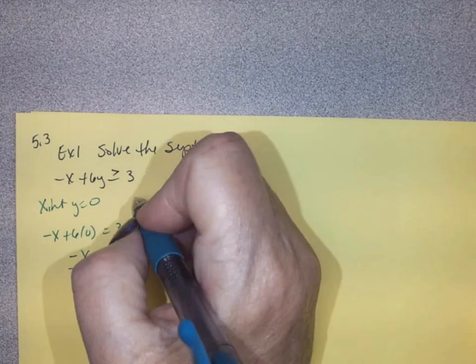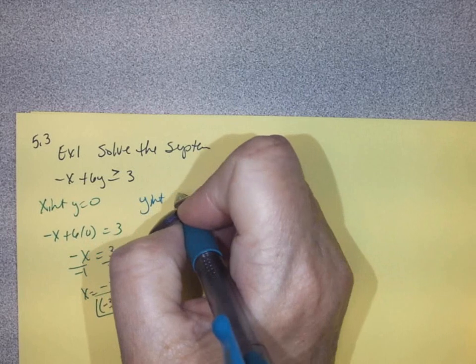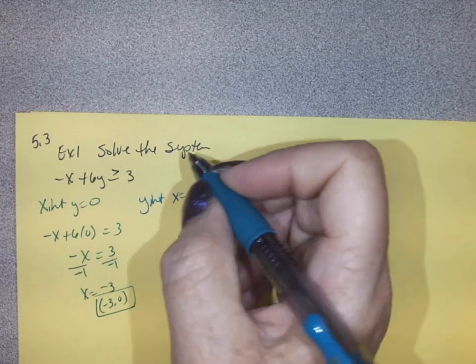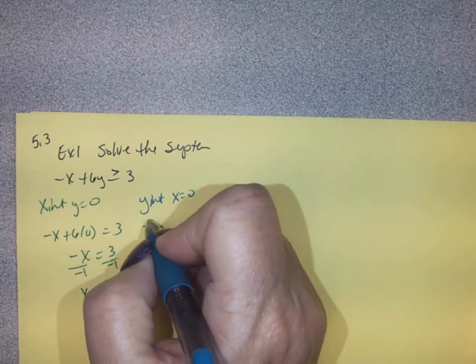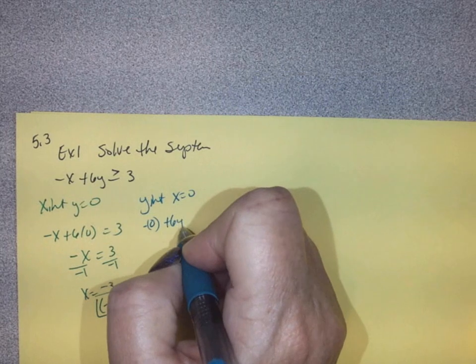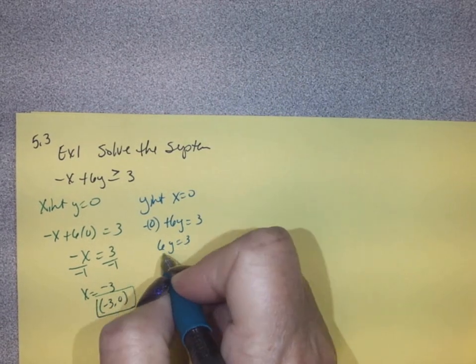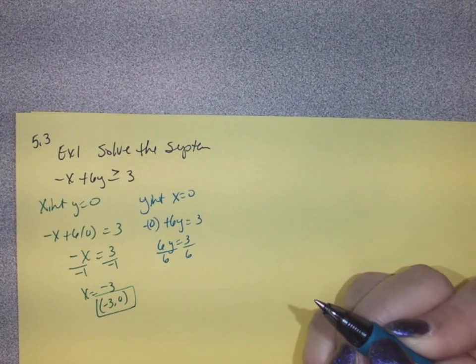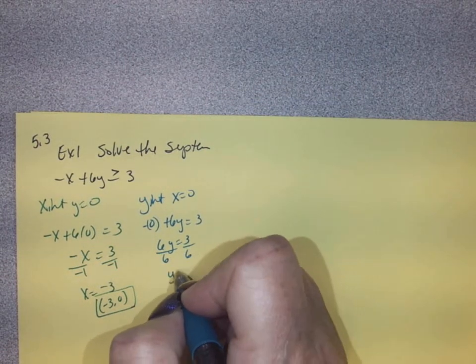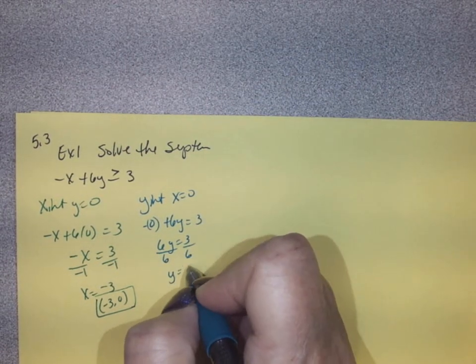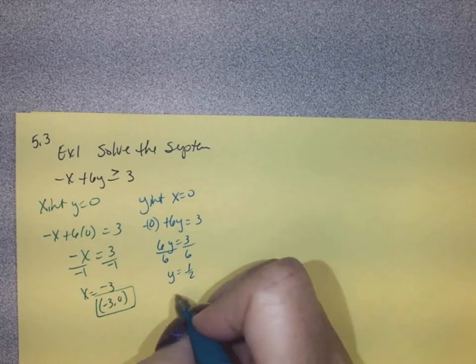All right, our y-intercept is where x will be equal to 0. So negative 0 plus 6y equals 3. 6y equals 3. Divide both sides by 6, and we get y is equal to 3/6, which reduces down to 1/2.